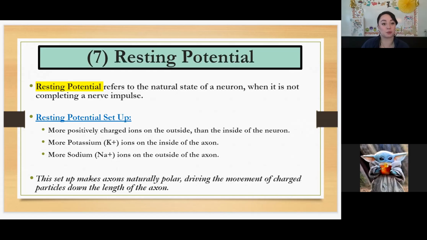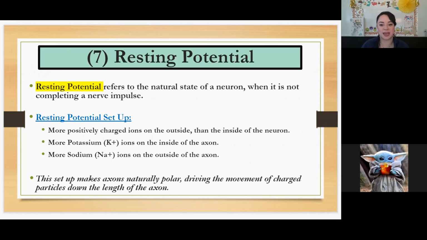In the case of a resting neuron, there are more potassium ions on the inside of the axon and more sodium ions on the outside of the axon. And there's actually way more sodium ions on the outside than potassium on the inside. So it makes the outside slightly more positively charged.